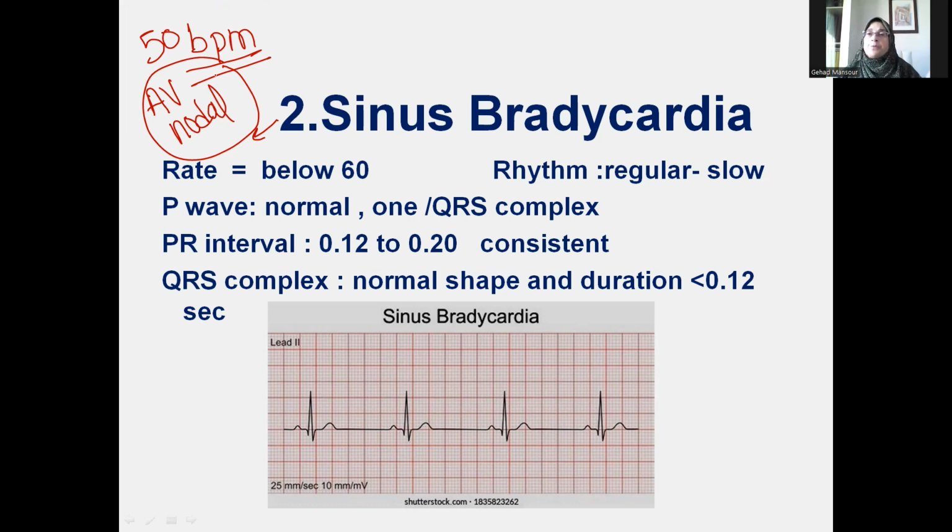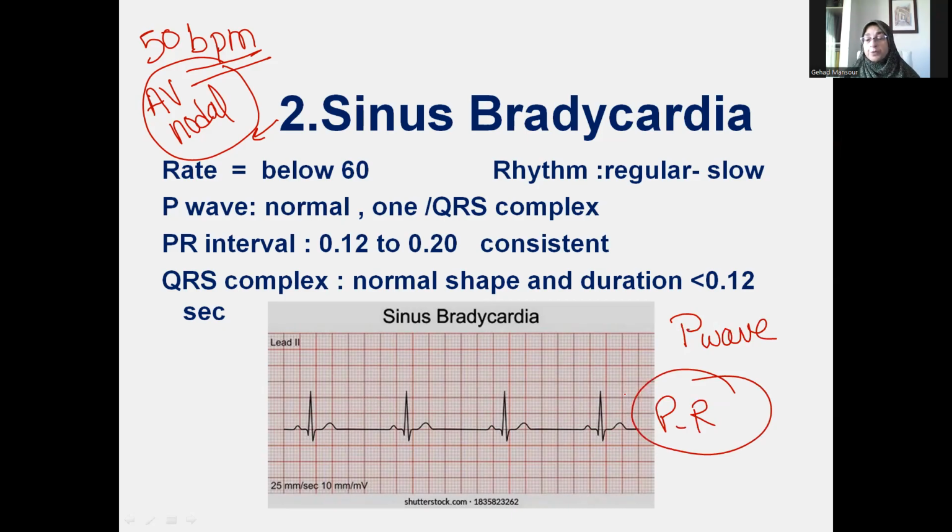So what would be the major differences here when we list or enumerate the characteristics? Where would we find the difference between sinus bradycardia and an AV nodal rhythm? We would find it in two important criteria. The first one is the P wave, and the second one is the PR interval.